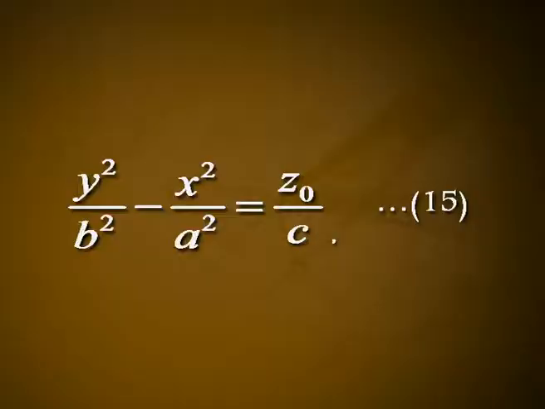If we cut the surface by a plane z is equal to z0 greater than 0, the section is a hyperbola, y squared by b squared minus x squared by a squared is equal to z0 by c, equation 15, with its focal axis parallel to the y axis and its vertices on the parabola in 13. If z0 is negative, the focal axis is parallel to the x axis and the vertices lie on the parabola in 14.